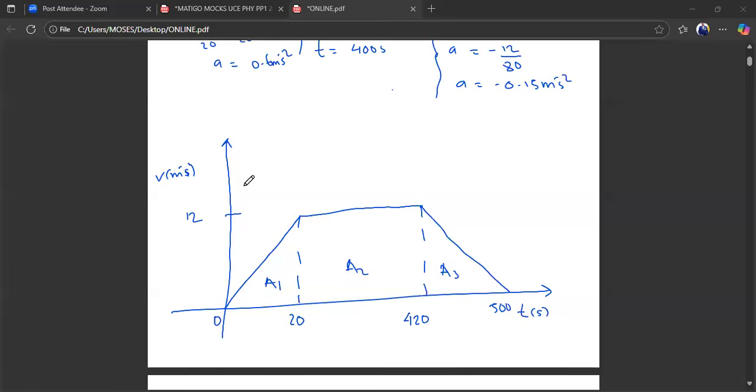Someone who has changed them to meters per second and seconds, and someone who has used kilometers per hour and hours, will get the same marks. Finally, all of you will have the same answer. The only difference is that one will have the answer in meters, another in kilometers.